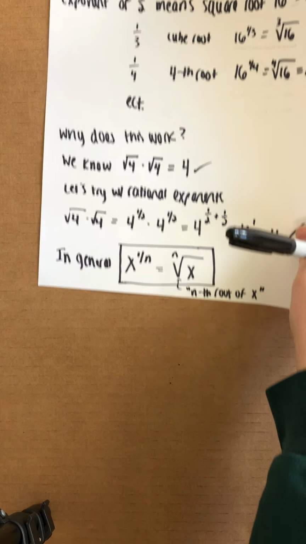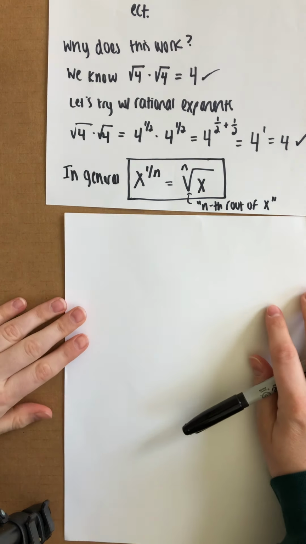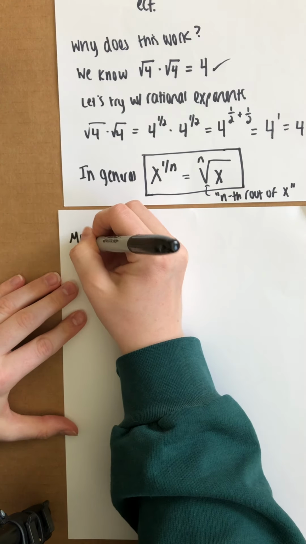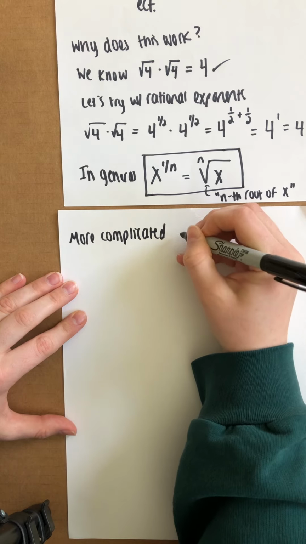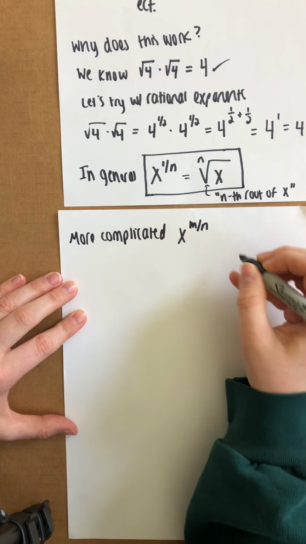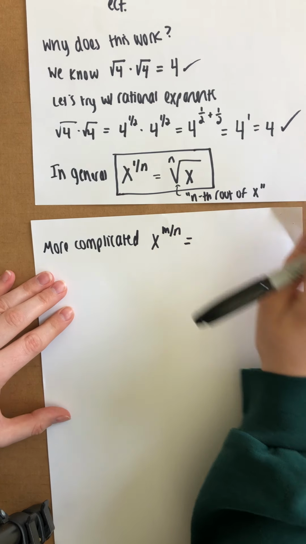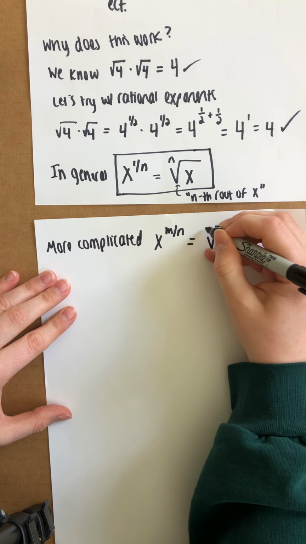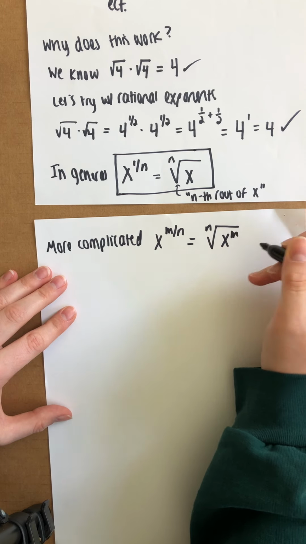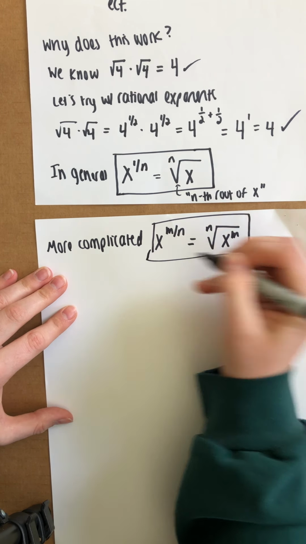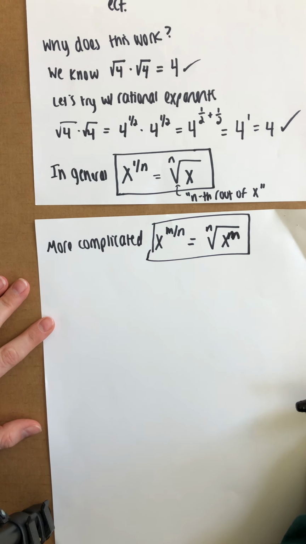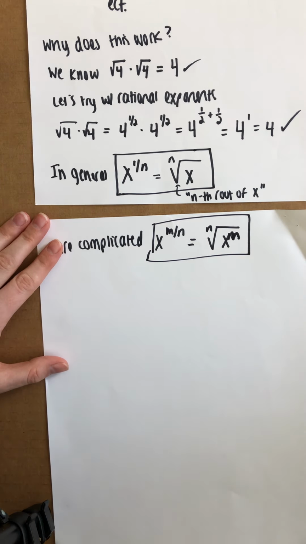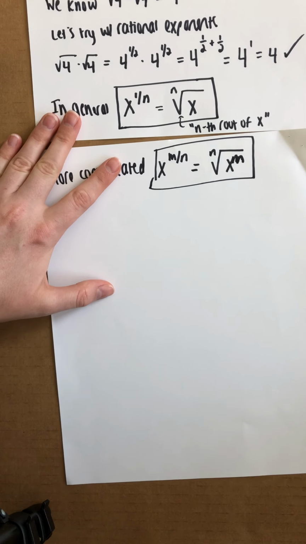In a more complicated case, we might have something like x to the power of m over n, and that just equals the nth root of x to the power of m. And that's an m in there, if you can't tell. So these are our 2 rules that we're going to be using today. So let's take a look at some examples and see if we can figure out how to use these rules.